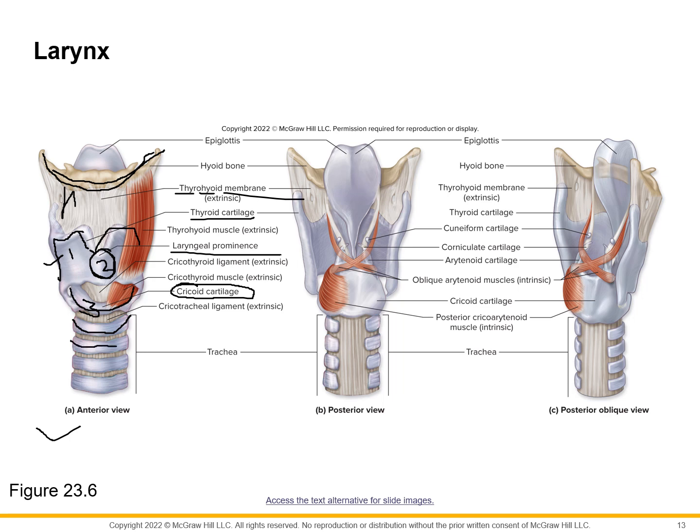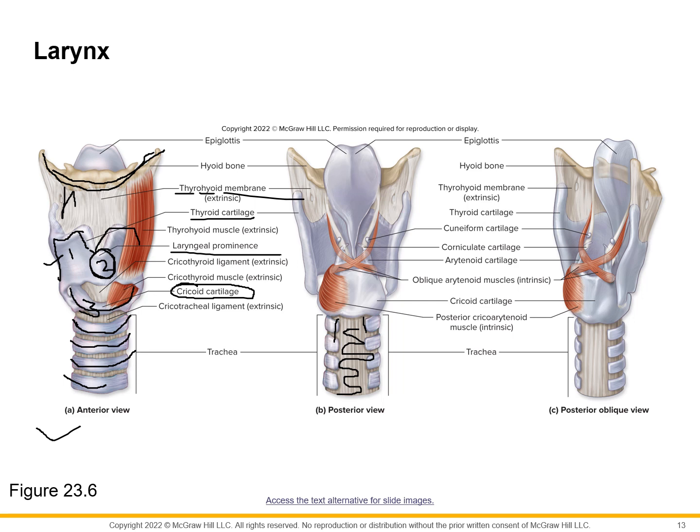So these are made up of hyaline cartilage. You already know what hyaline cartilage is. And they're not perfectly circular. So there's cartilage in the front, but if you look at the posterior view, these rings are C-shaped and not O-shaped. So over here is where your trachealis muscle would sit. So right here, the one that I'm shading on right now, is where you would see the trachealis muscle.